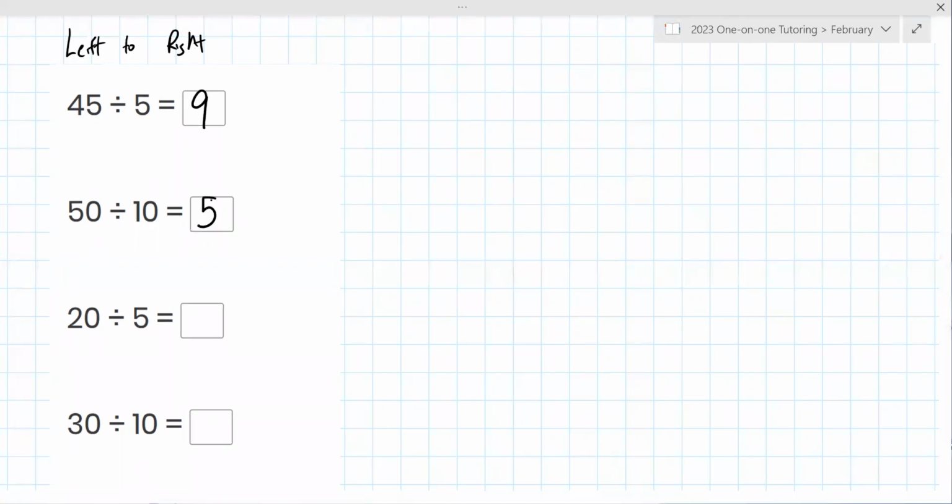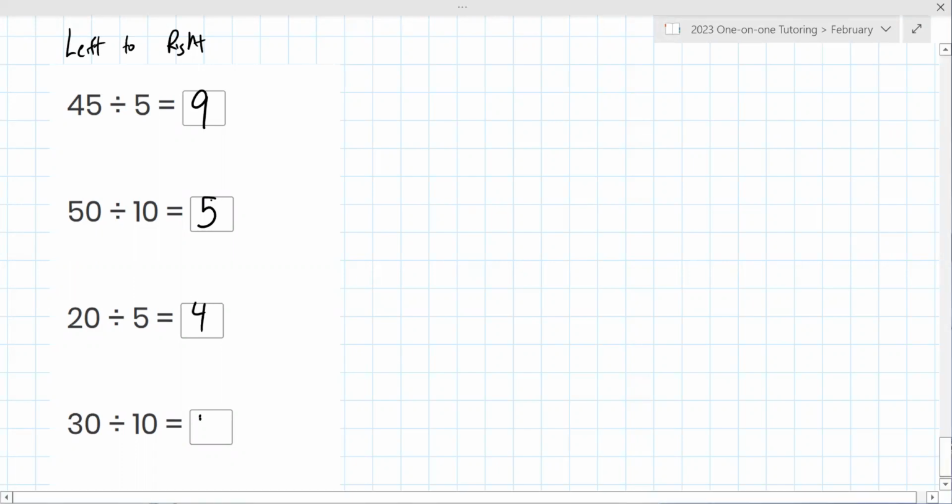Good. 20 divided by 5 is 4. And 30 divided by 10 is 3. Fantastic. Okay, this looks very similar to some problems that we were doing earlier.